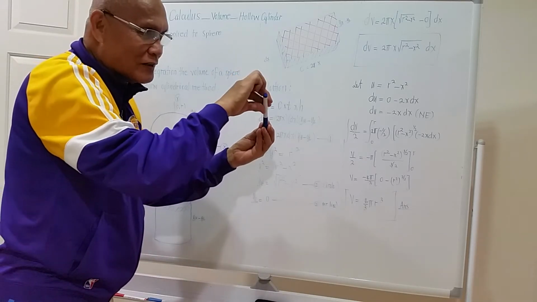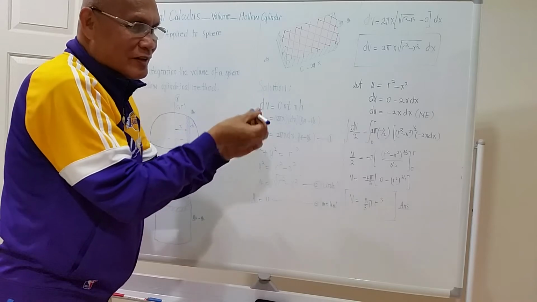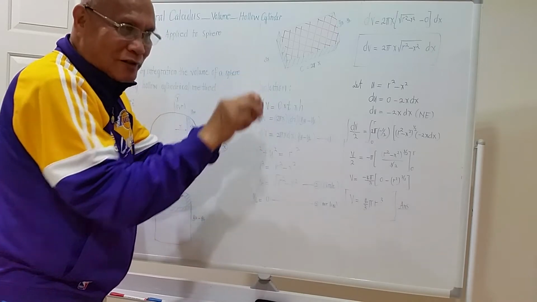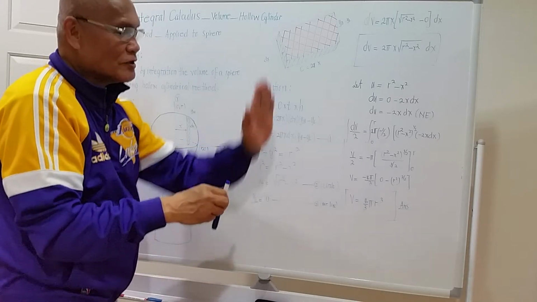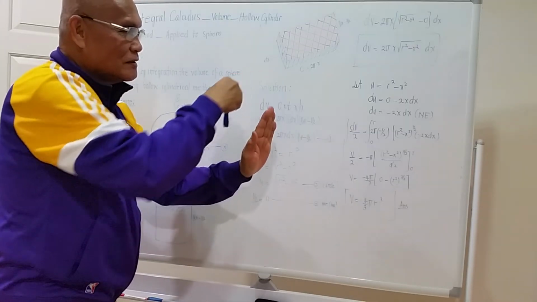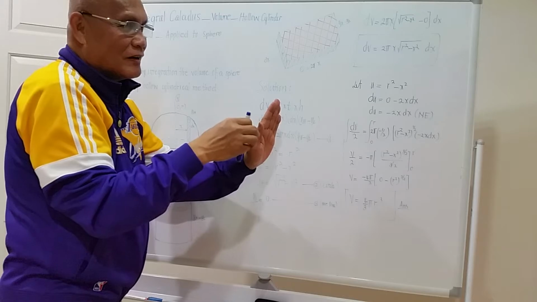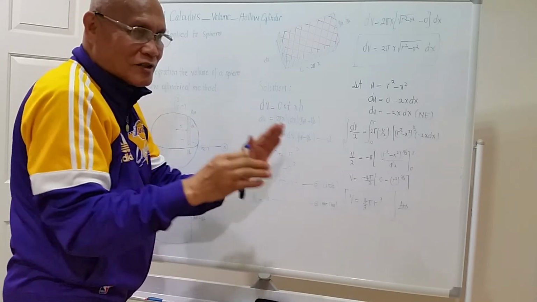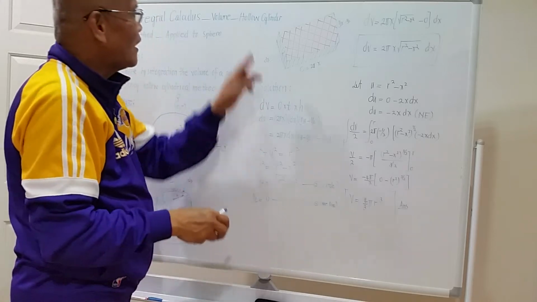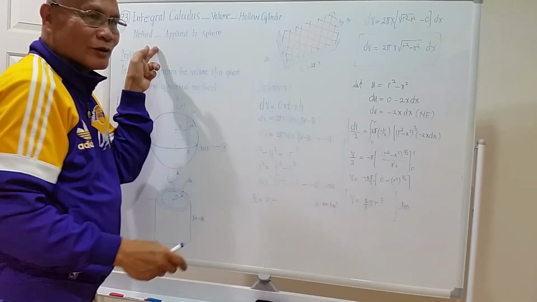It should move like this. The rotation is actually different. But for the hollow cylindrical method, if this is the y-axis, it moves like this. It seems just like a cylinder, but it is hollow. That's why the topic is the hollow cylindrical method.